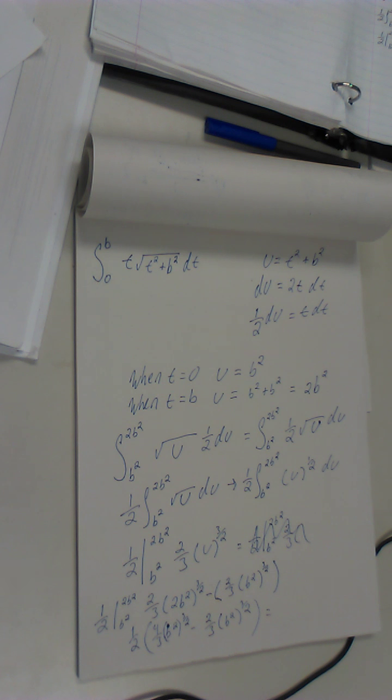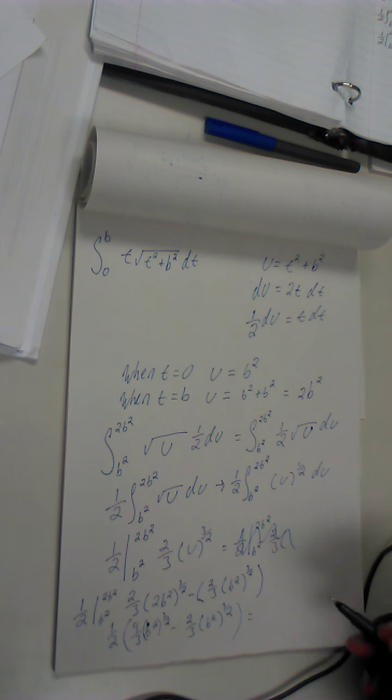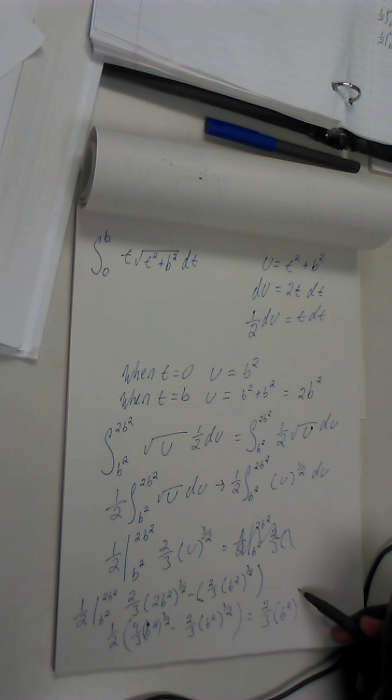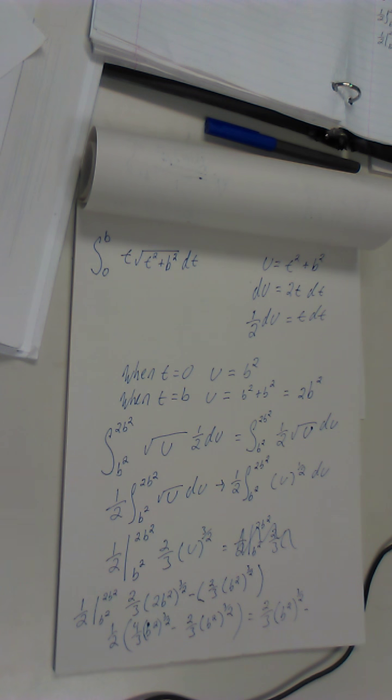So 1/2 times 4/3 is what, 2/3? So we're looking at 2/3 b squared to the 3/2 minus, and then 1/2 times 2/3 is equal to 1/3. So 1/3 b squared to the 3/2.